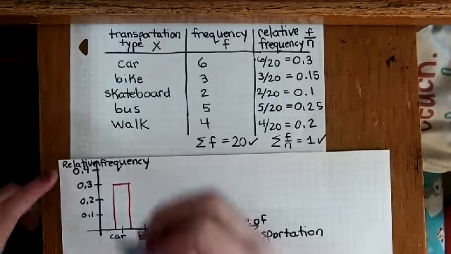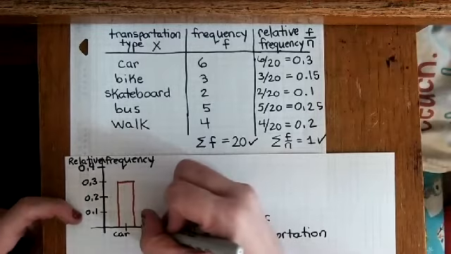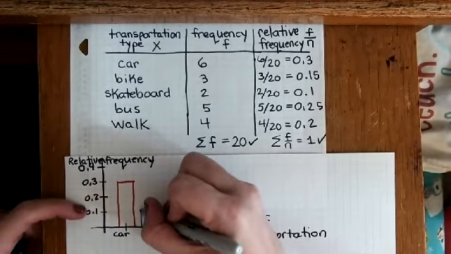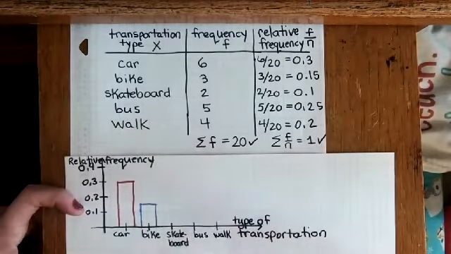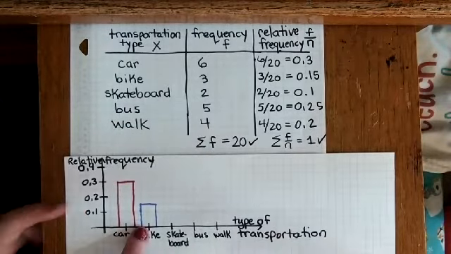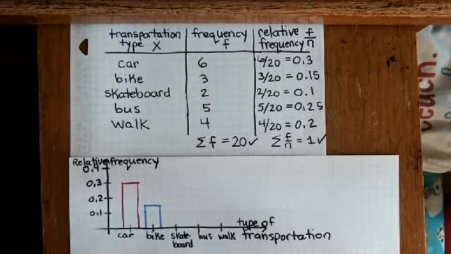So we'll have to straddle the tick mark for bike, go up to the 0.15, and note that your bars do not touch. This is qualitative data. There's a quality being described, not a number.